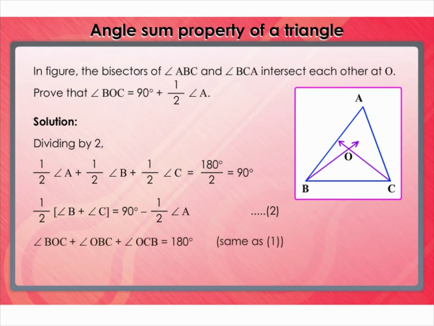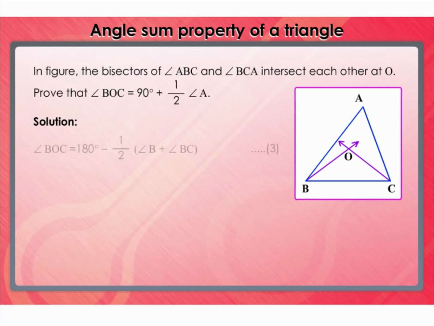Angle BOC plus angle OBC plus angle OCB is equal to 180 degrees. Angle BOC equals 180 degrees minus angle OBC minus angle OCB. This can be written as angle BOC is equal to 180 degrees minus 1 by 2 of angle B plus angle C. Consider this as equation 3.